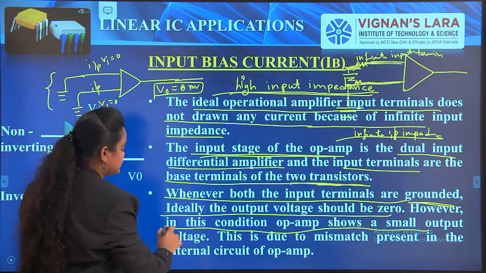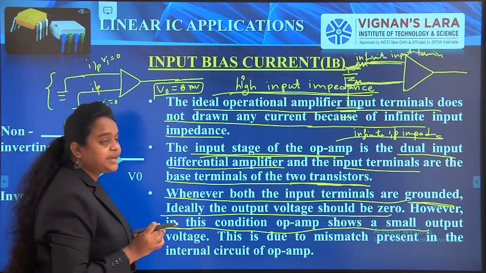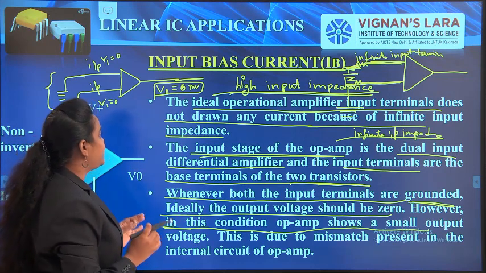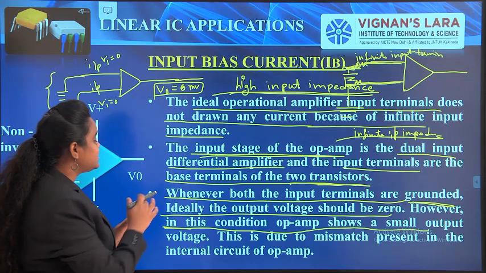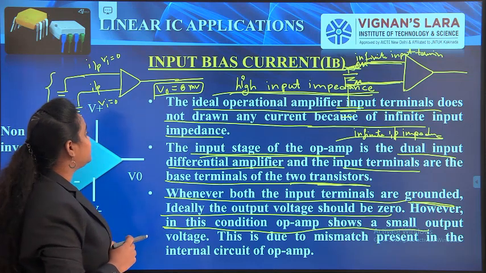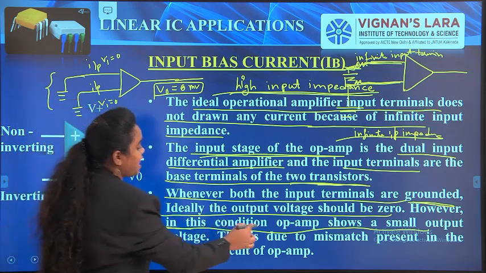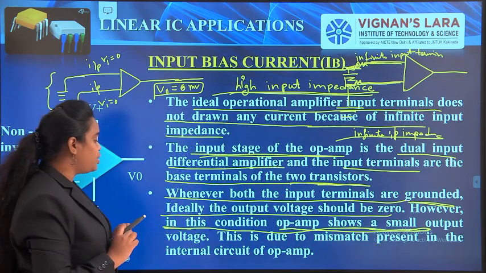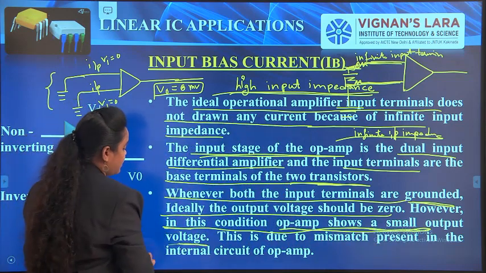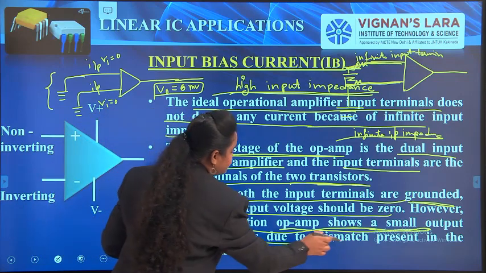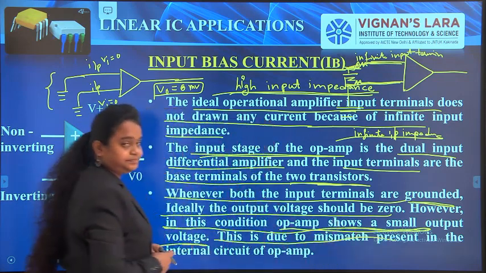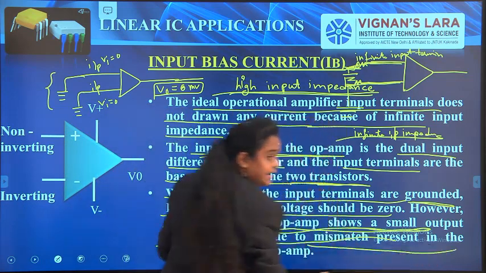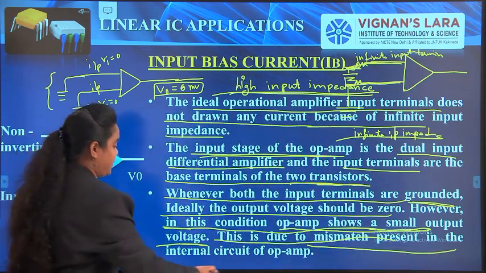Ideally the output should be 0 when the input terminals are grounded, but the op-amp shows a small output voltage. This is due to a mismatch present in the internal circuit of the op-amp.